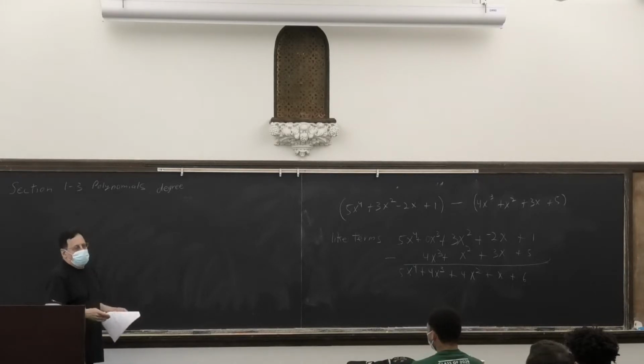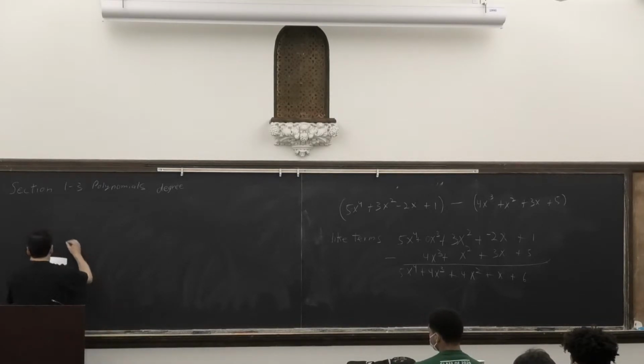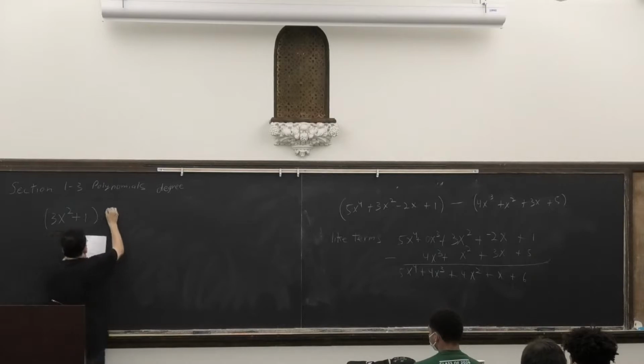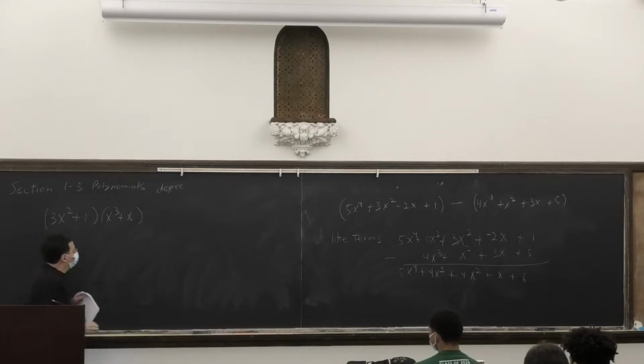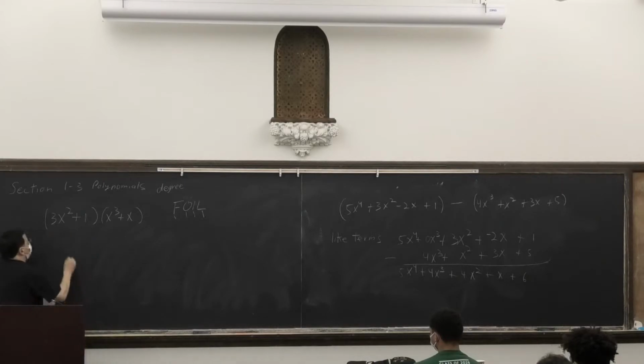The next thing we need to be able to do is to multiply two polynomials. If we're lucky and we only have two terms, we can use this clever device called FOIL. First, outer, inner, last. So first, that's these two.